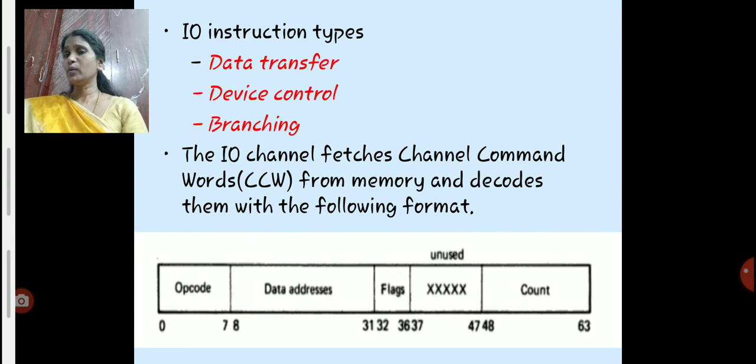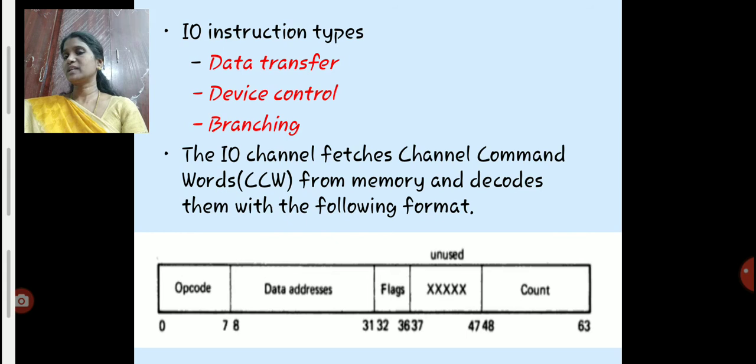These are the IO instruction types. There are data transfer instructions, device control instructions, and branching instructions, right? So when an IO channel is handled, it is handled using something called CCW, which is called channel command word, and this is the format of channel command word.